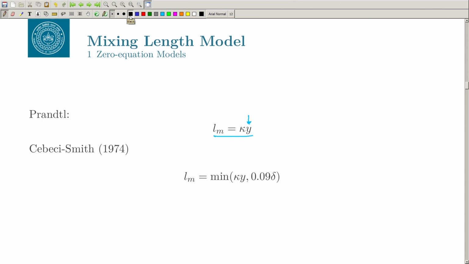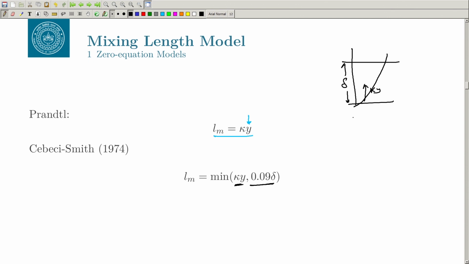So, what Cebeci-Smith said is that maybe it is a better idea to take the minimum value of kappa y and something from the boundary layer value. So, if you have a shear layer like this, you have this gradient coming, this is kappa y, and let us say this is your boundary layer thickness, which is delta.